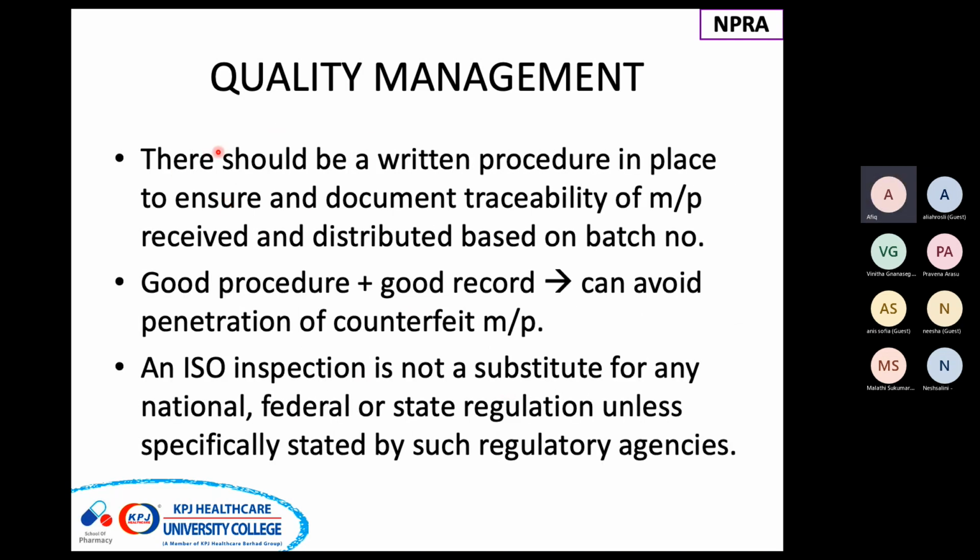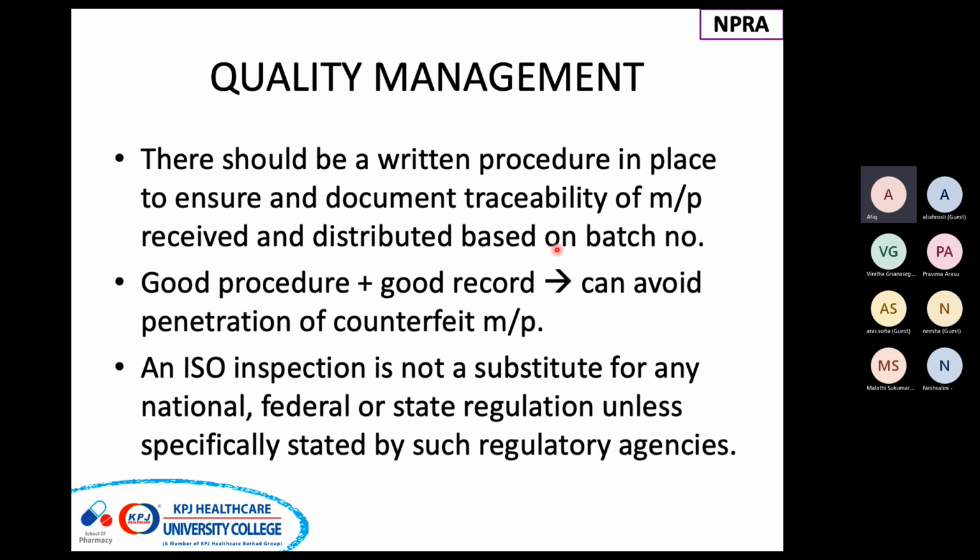And then there must be a written procedure to ensure the document traceability of material and product received and distributed based on batch numbers. So you have to know the product that you just produced just now, okay, they must have a batch number, and it should be documented where those batches go.